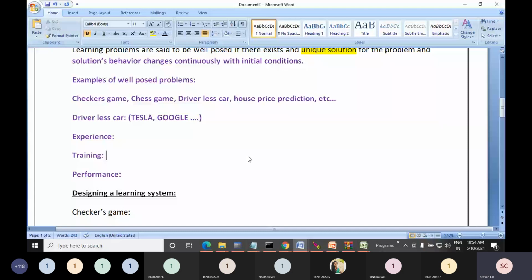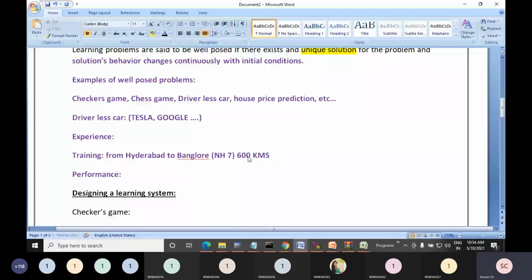For example, friends, I want to test this driverless car on a road from Hyderabad to Bangalore, NH7, I think. It is around 600 kilometers.